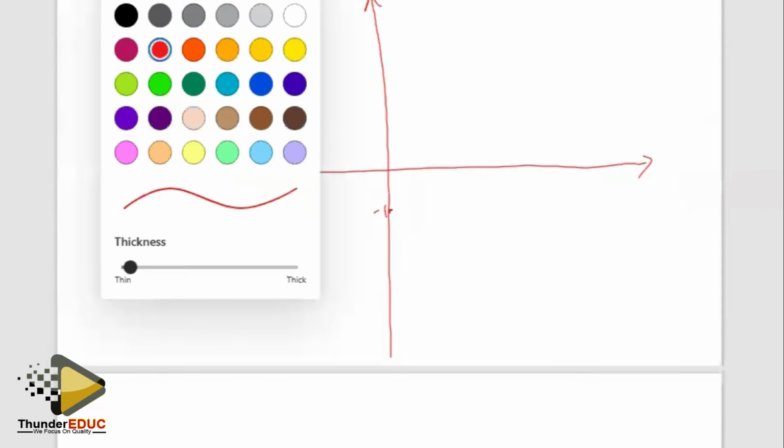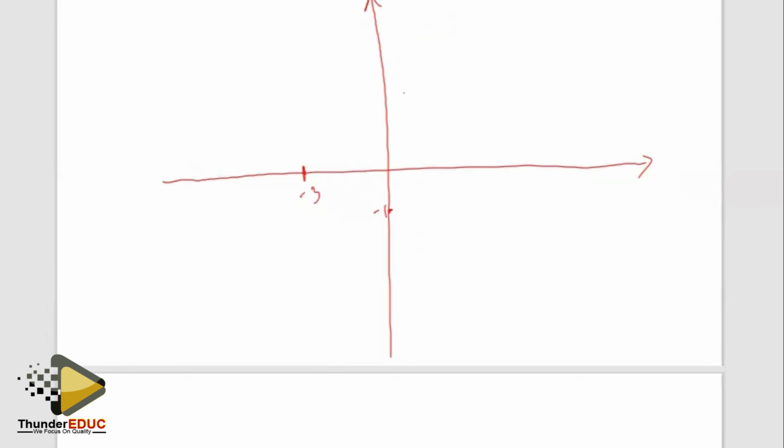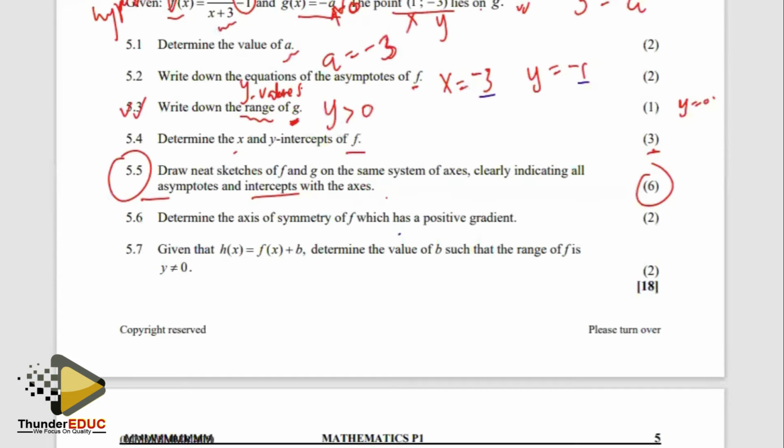I'm going to draw those asymptotes using this magic color. Just use dotted lines. If you leave out the asymptotes, you're going to lose some marks. Indicate that with just a dotted line with a ruler. So that is done. Probably that's a mark. Then we need to find the intercepts.